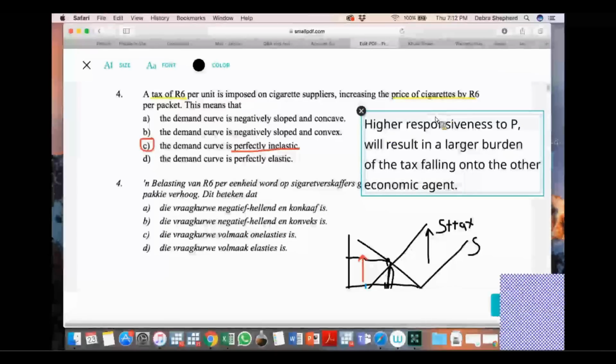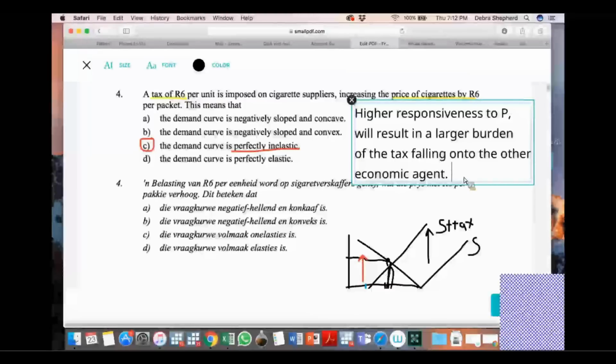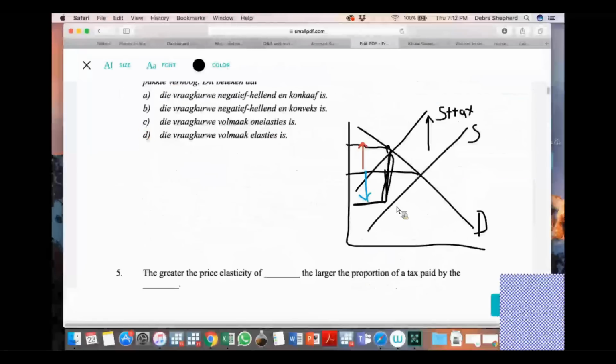So for example, if buyers are highly responsive to price, then sellers will have to pay more of the tax. If sellers are very responsive to price, then buyers will have to pay more of the tax. Okay. So the answer to 4 is C.